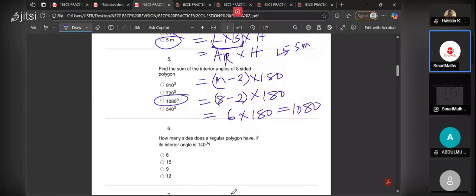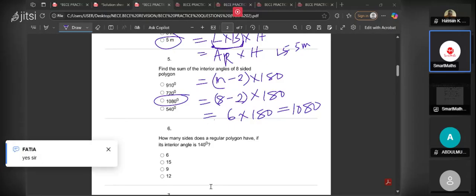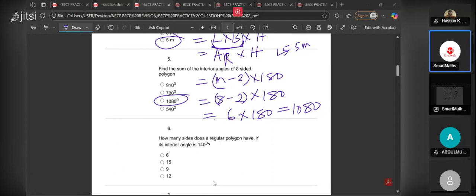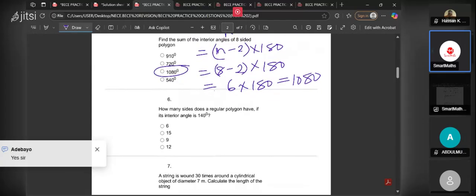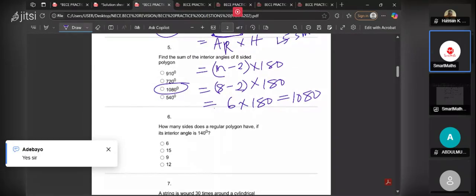I hope that is clear. All right, so we can move to the next one. I believe someone that is writing now has finished writing this.